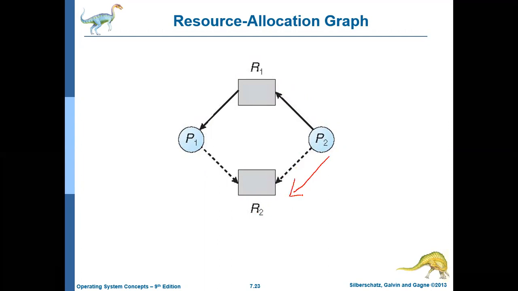Then actually R2 is free, because R2 is not allocated to anybody. P1 also may claim it in the future, since this is a claim edge. So R2 is free, but the operating system should not allocate R2 to P2.